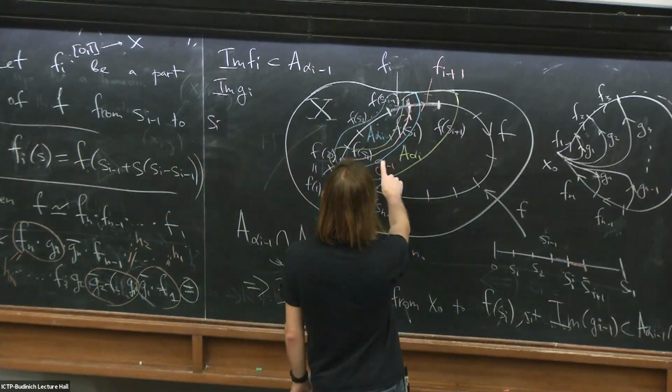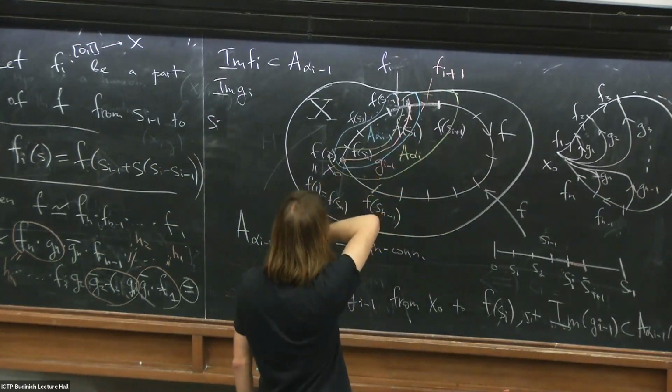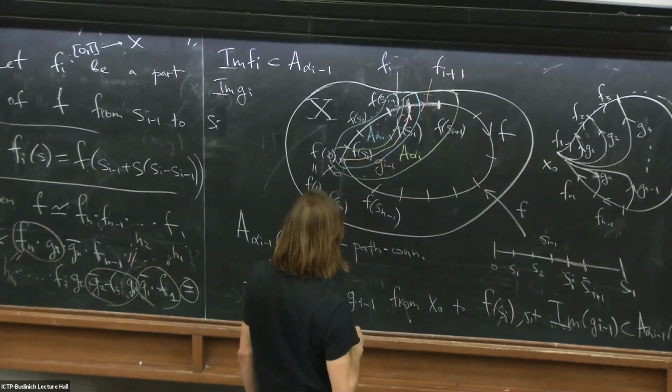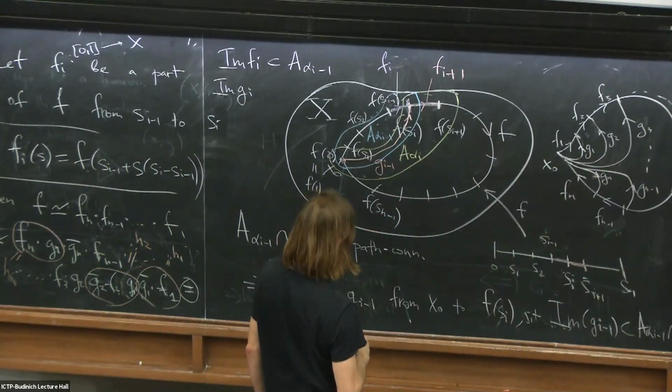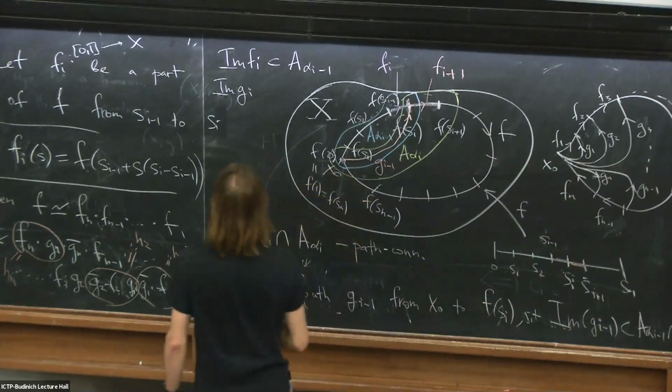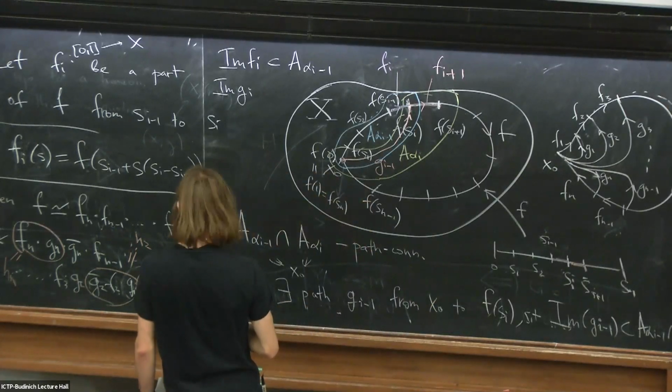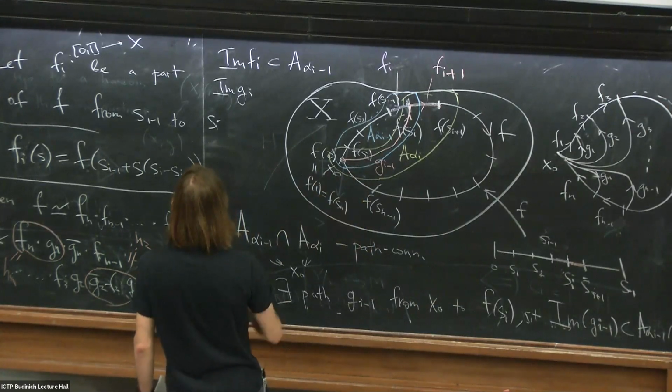Let's look at this picture. So Gi minus 1 belonged to this thing. Okay, good. So an image of Gi.